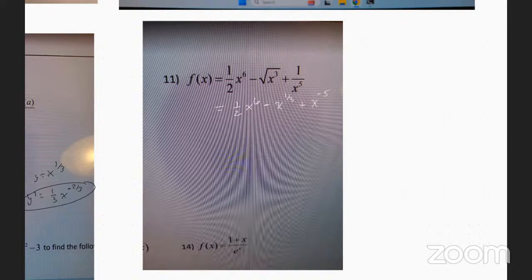What's your derivative? Just use the power rule. 6 times 1/2 is 3, subtract 1. Bring the 1/3 down, subtract 1. Bring the -5 down, subtract 1. That's it. Do you see how I did that? Make sense? Yeah.